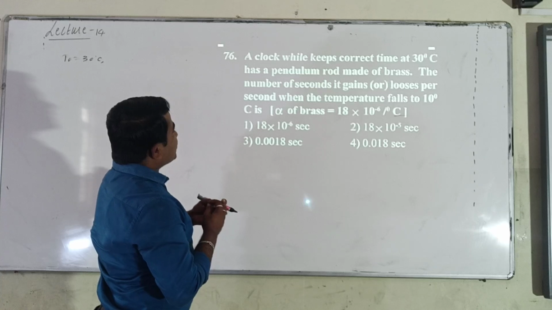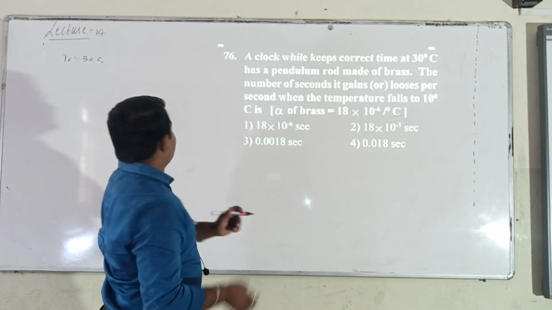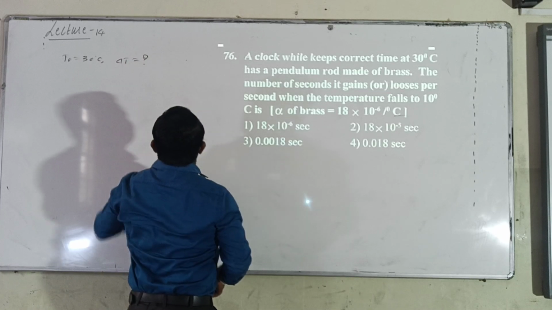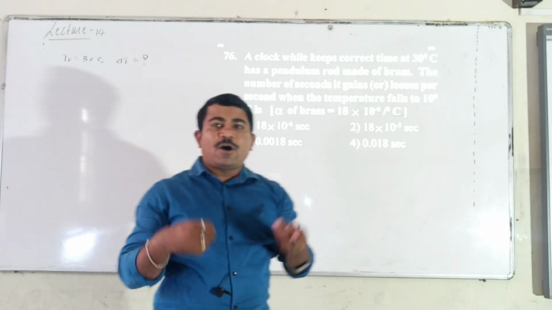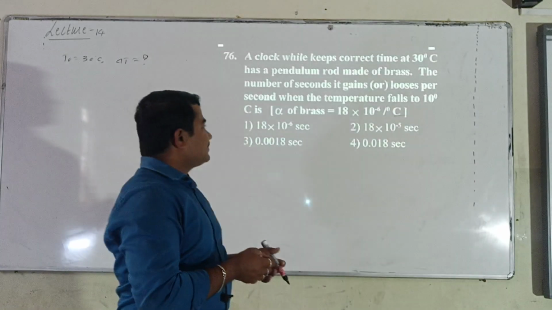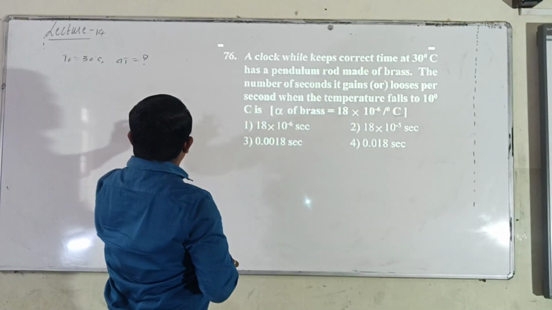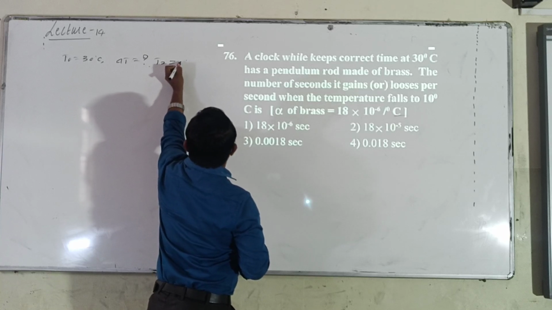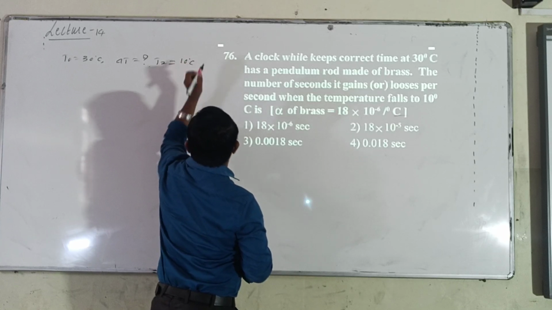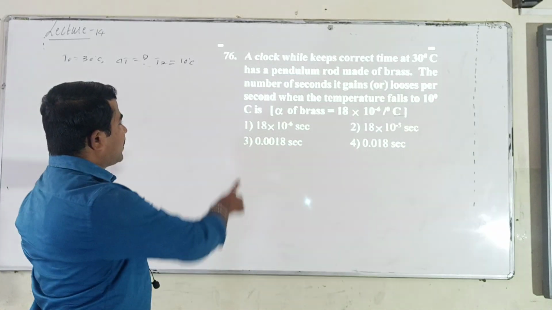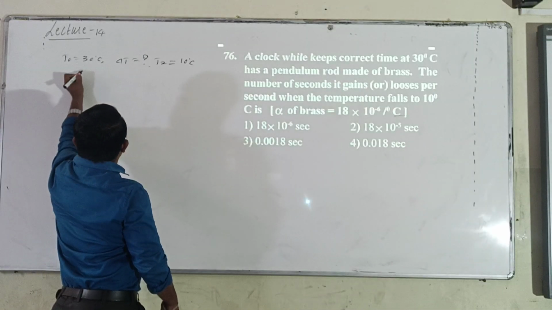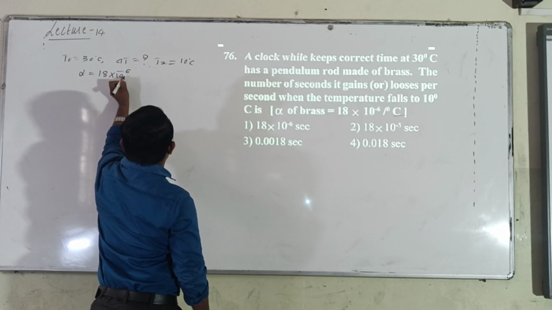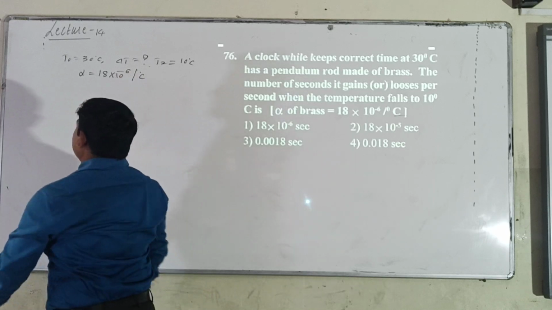The number of seconds lost or gained per second is given by delta t, the loss or gain of time during its oscillation, when the temperature falls to 10 degrees Celsius. Alpha is given as 18 into 10 raised to minus 6 per degree Celsius.